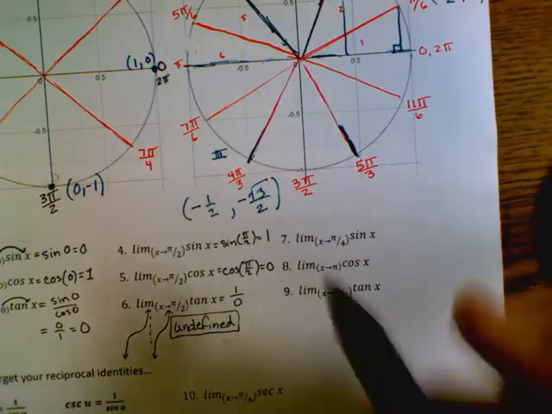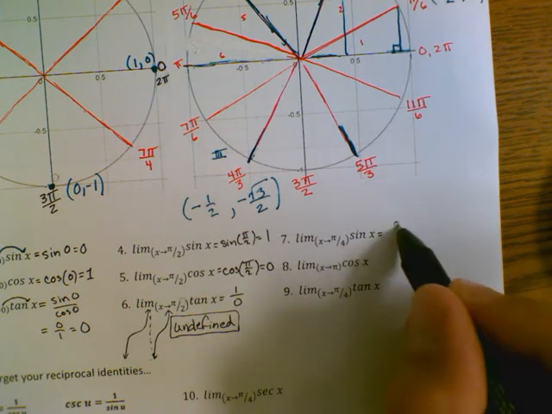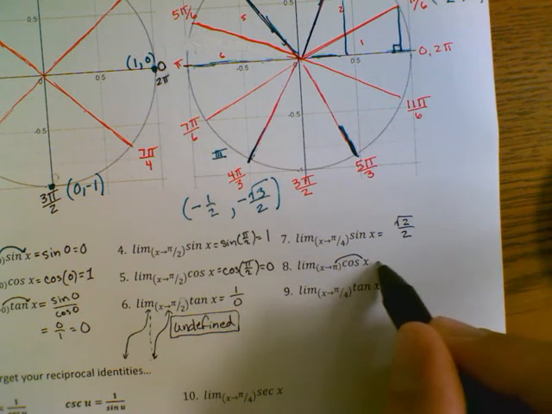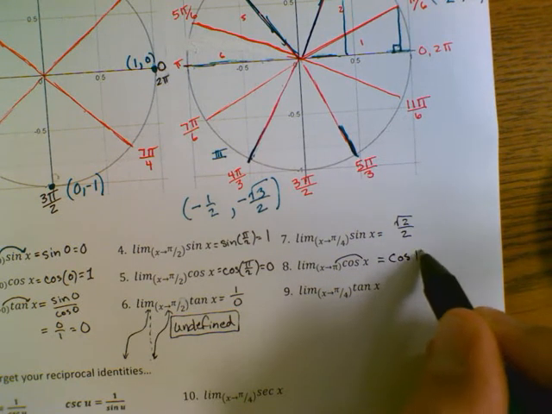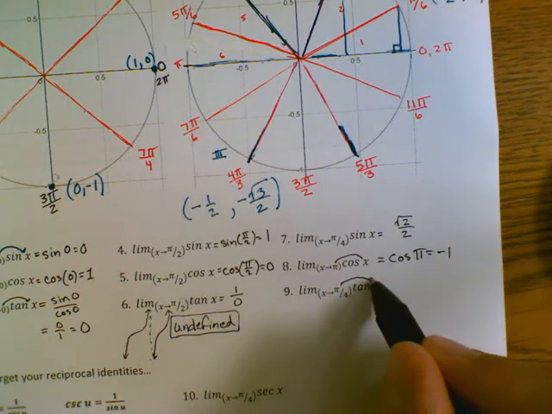Okay, so how about if we go out to pi fourths? Substituting that in, I get root 2 over 2. Substituting pi in for cosine x, so I'm thinking cosine pi this time, that'd be negative 1. Plug in pi fourths here.